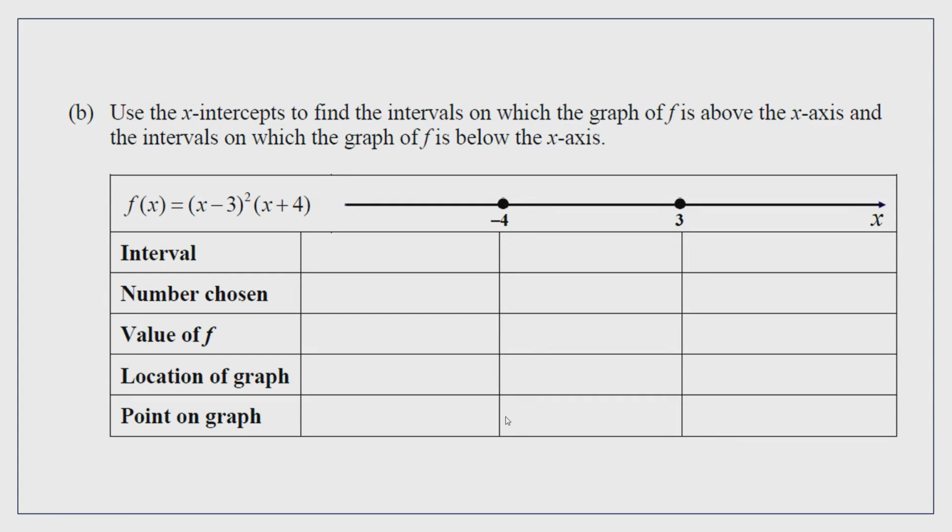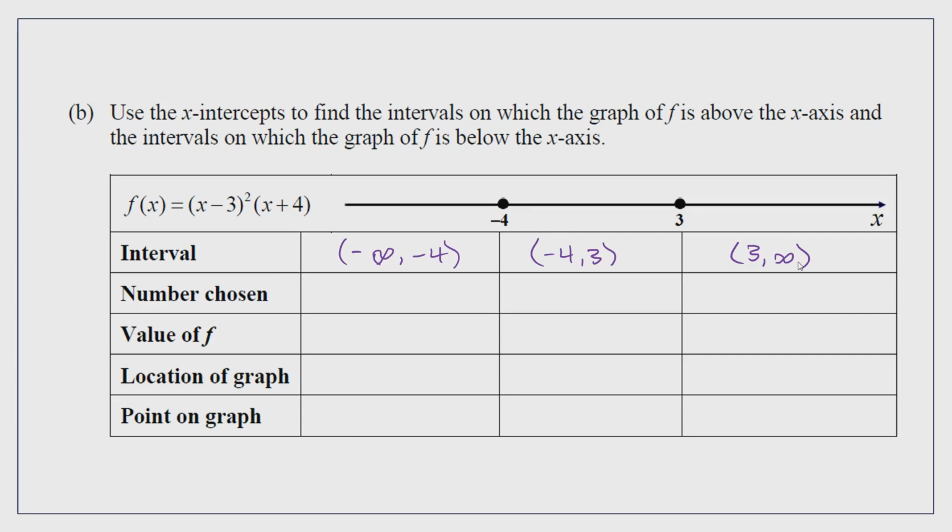The two dots here represent our x-intercepts because the x-intercepts divide the x-axis into the intervals that we're trying to evaluate. Our first interval is from negative infinity to -4. The second interval is -4 to 3. And our third interval is 3 to infinity.